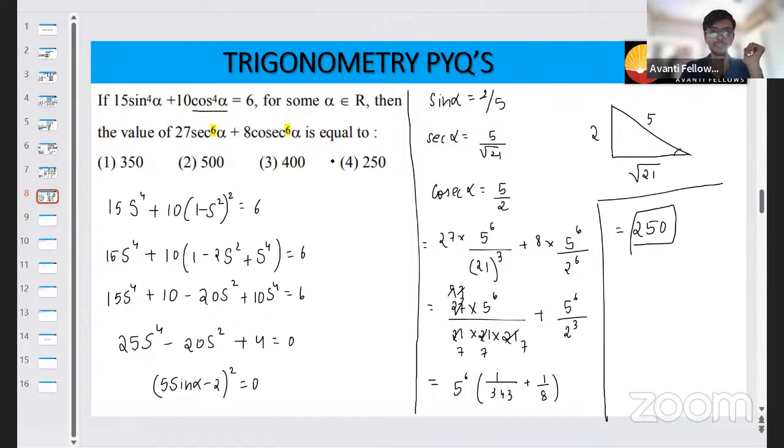So our option is option number 4. 250 आ जाएगा ना? I don't think 250 आएगा. Okay, let's not waste time in calculation. I think 4 by 21.